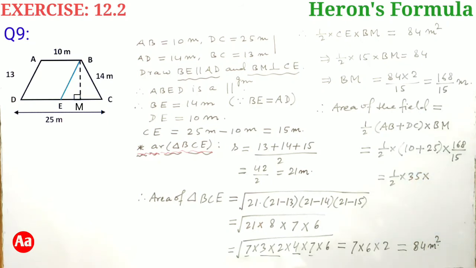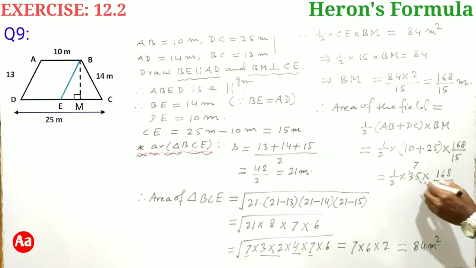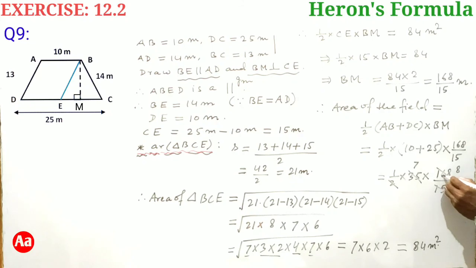This is half into 35, 10 plus 25, 35, into 168 divided by 15. 5 threes are 15, 5 sevens are 35, and cancelling further, 2 eights are 16, and 2 fours are 8, 3 ones are 3, 3 twos are 6 and 3 eights are 24.